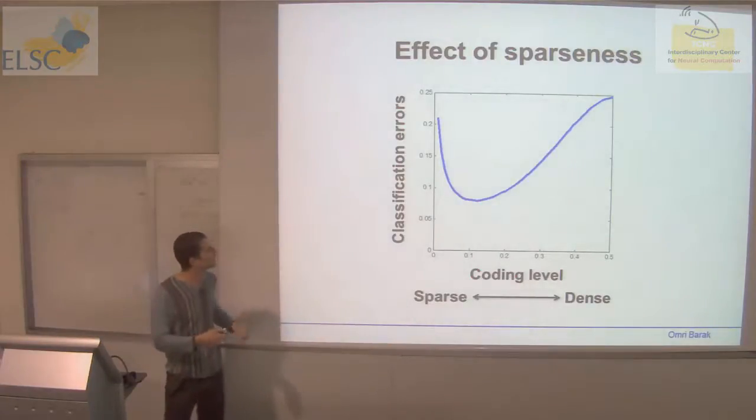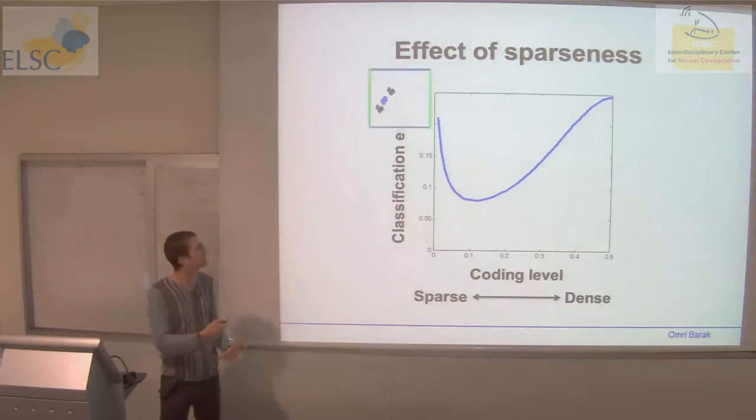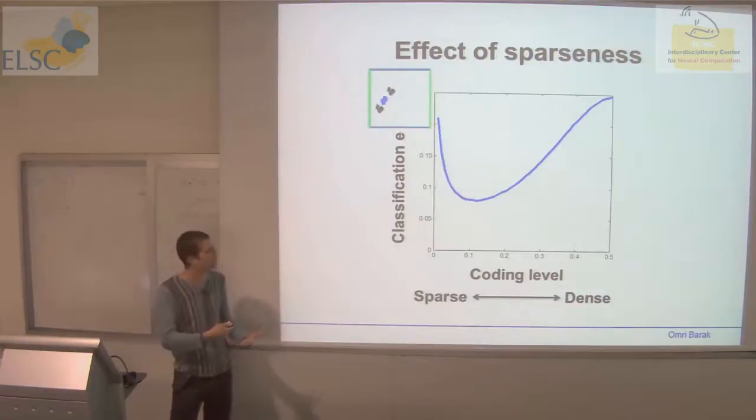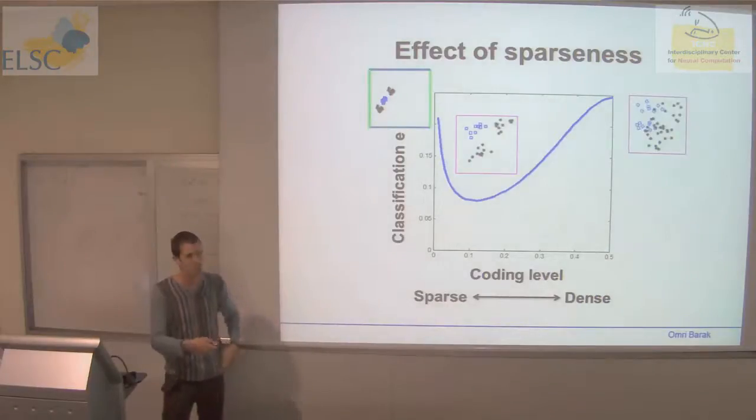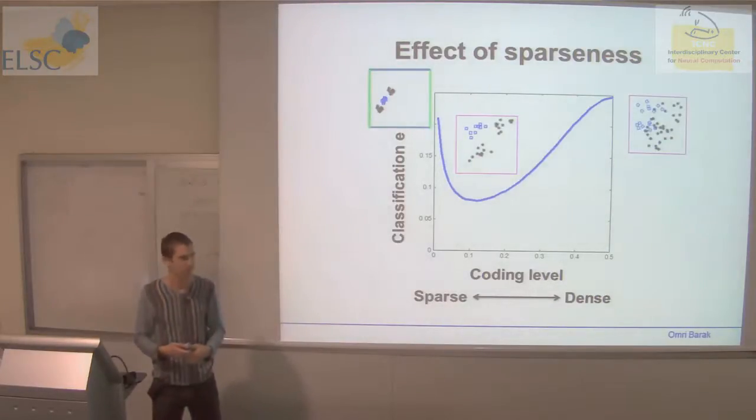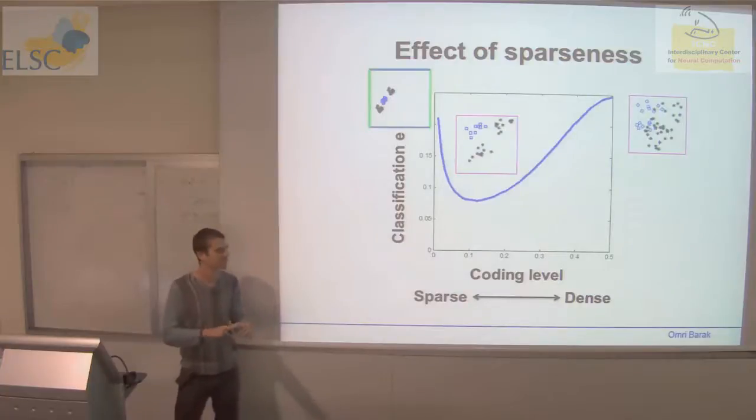If I'm too sparse, then it's as if I have no mixed representation at all, and I have this case of nonlinear separability. If I increase the coding level, then I have this optimal situation, and when I increase it too much, I'm hurt by noise.